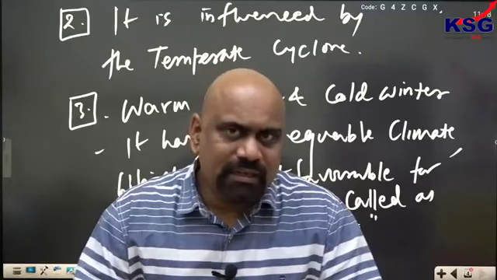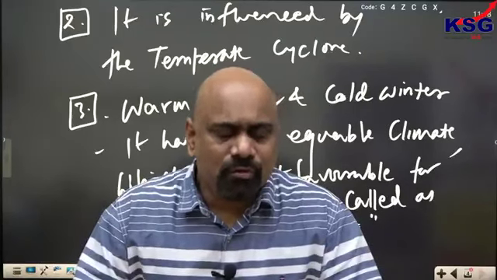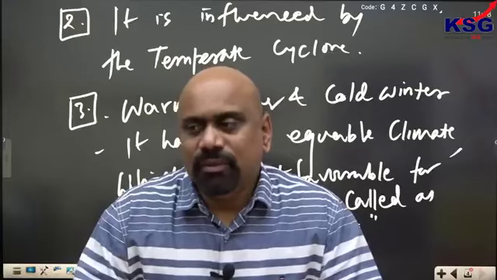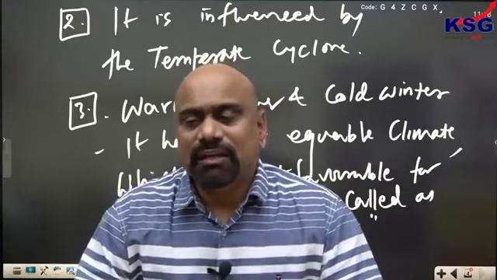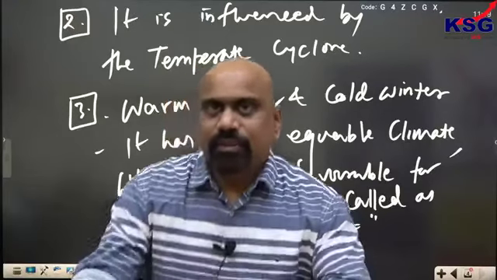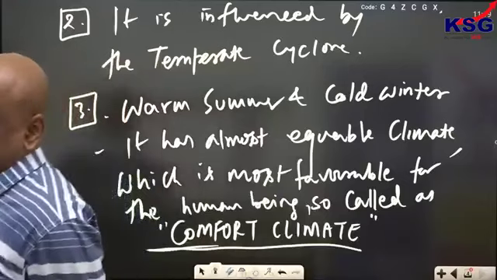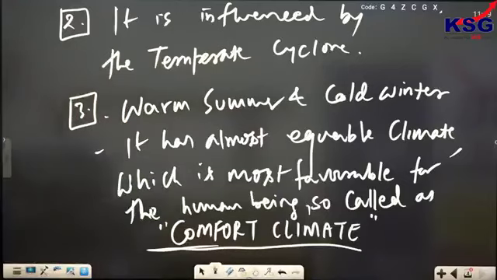So there is a decrease in rainfall from the coast towards the interior, because the marine impact gradually decreases. That's why the natural vegetation here is deciduous, and some mixed vegetation also.